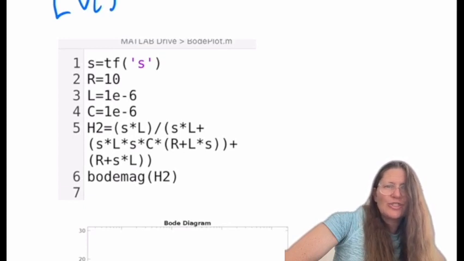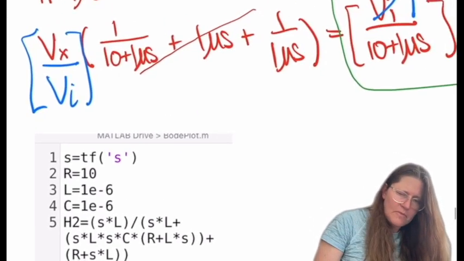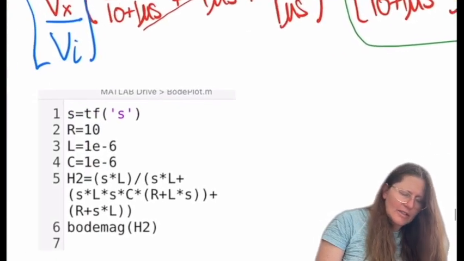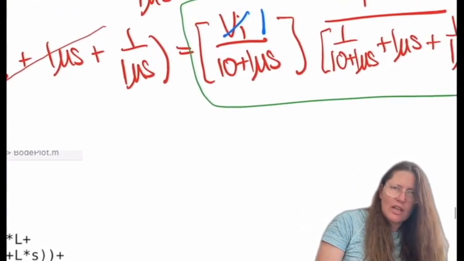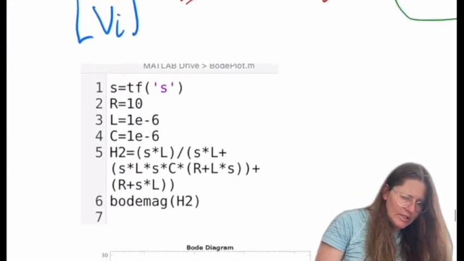So S equals TF of S, and then I just put in the values for R, L, and C. And then my transfer function, I simplified it, but you could even just type it in as this. You don't need to simplify it more.